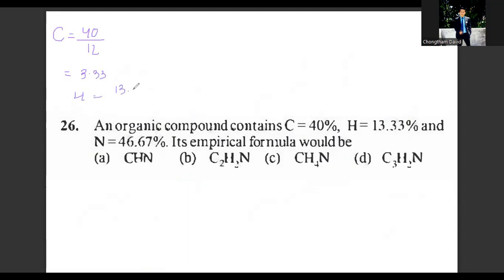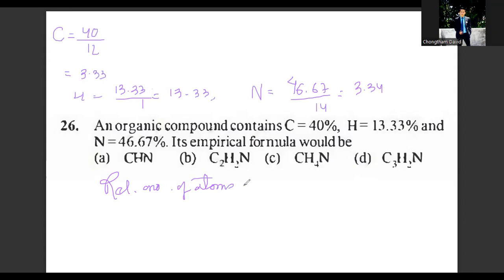Hydrogen will be 13.33. Atomic mass of hydrogen is 1. So 13.33. Nitrogen will be, the given mass 46.67 divided by 14, 3.34.